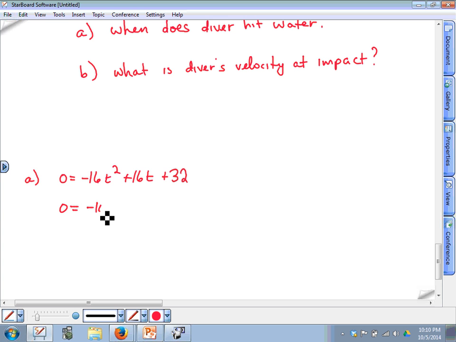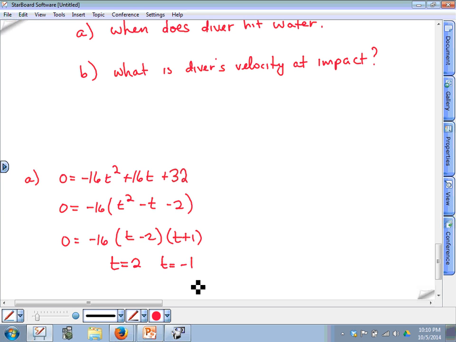So if we factor out a negative 16, and then factor, it's going to be t minus 2 and t plus 1. So we get two values of time, 2 seconds and negative 1 second. Now it doesn't make sense for time to be negative, so the only value of time that makes sense considering the domain restriction of this problem is time equals 2 seconds. So it takes the diver 2 seconds to hit the water.